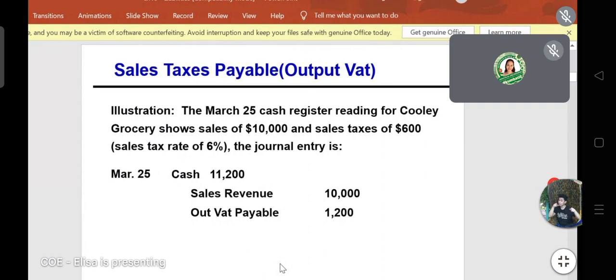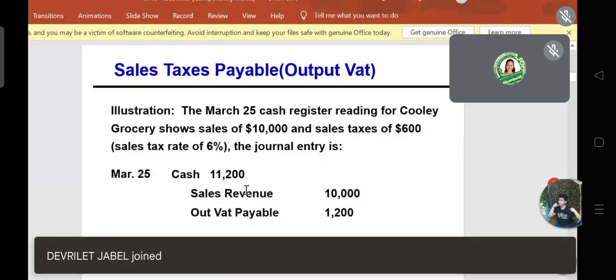Output VAT is something that we add on, the 12% that we add on to our 13,000. And the input VAT is the VAT that we pay on all the goods and services that we acquire. And then we remit only the difference.